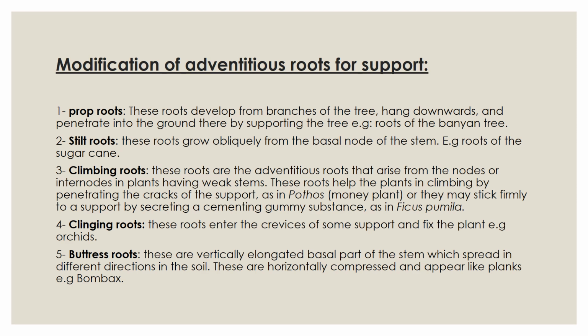The second one is stilt roots. These roots grow obliquely from the basal node of the stem. You can imagine the stem and the basal node of the stem these roots develop from. An example is the roots of the sugar cane.